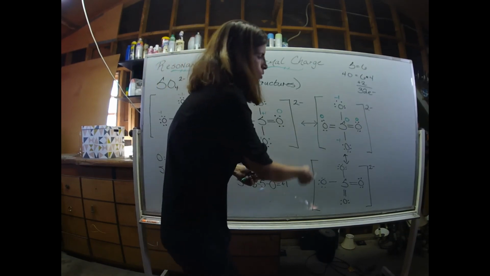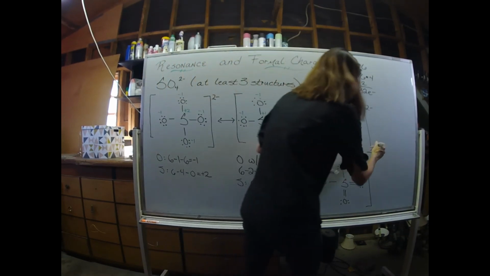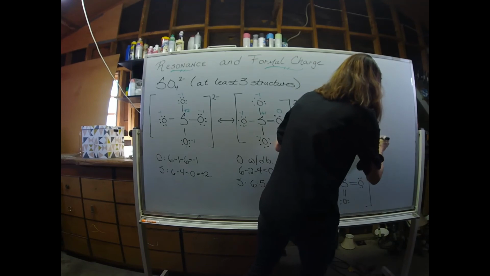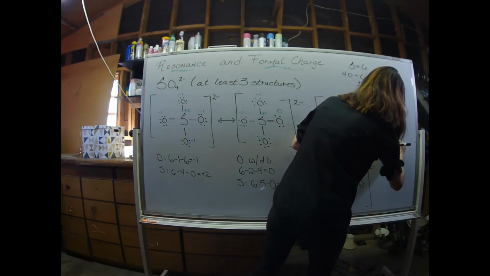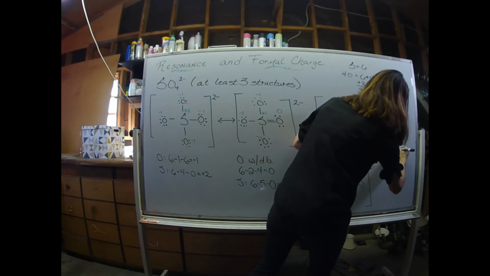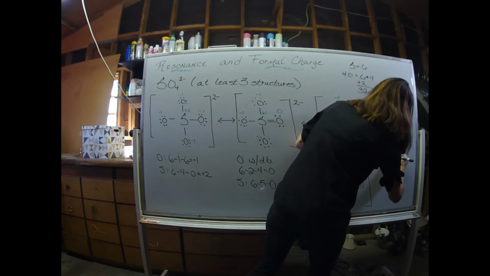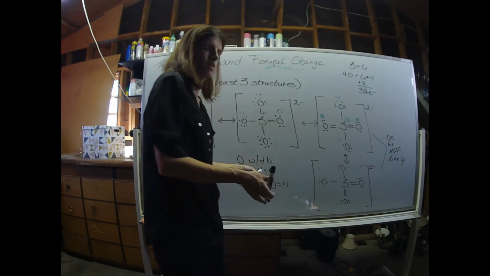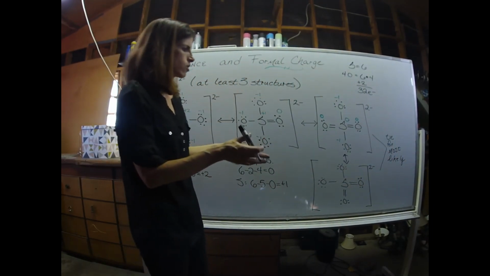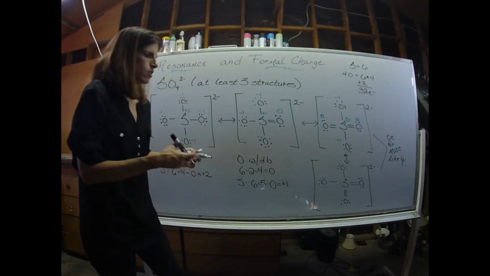In terms of who's most likely, this is going to be a tie, as will any other structures for sulfate that have 2 double bonds. So the best way to draw sulfate is to have 2 double bonds to the sulfur.